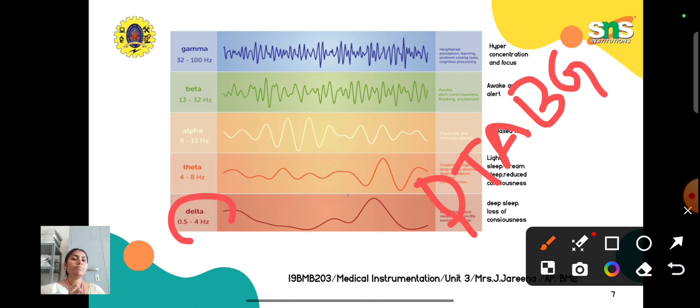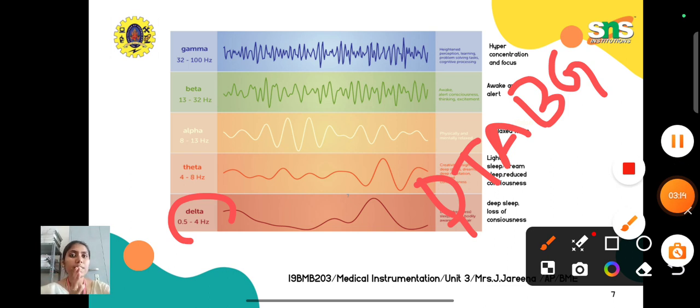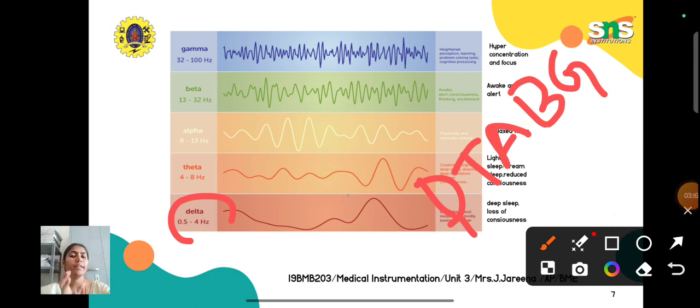Now we will see what each waveform actually represents. Delta is in the range of 0.5 to 4. If you are using an EEG machine to record one's brain activity and it shows a waveform in this range of 0.5 to 4 hertz, it means the person under recording is in deep sleep and may not have consciousness.